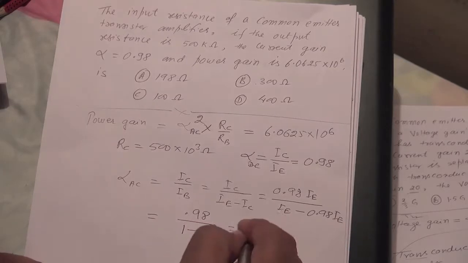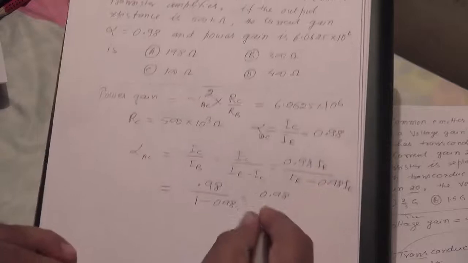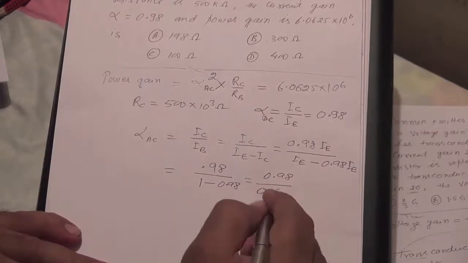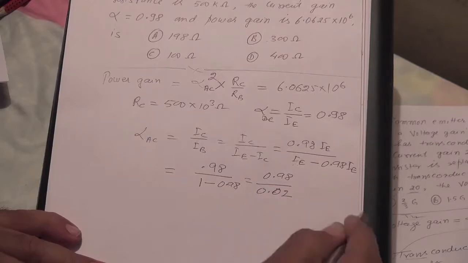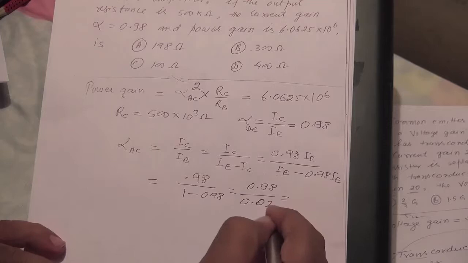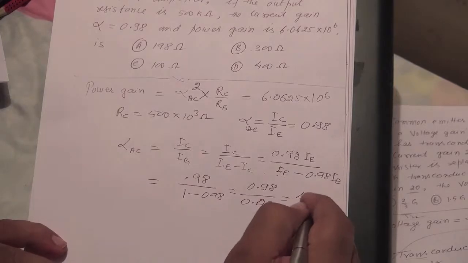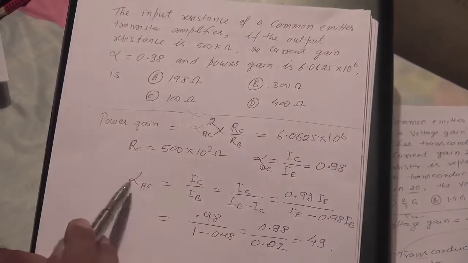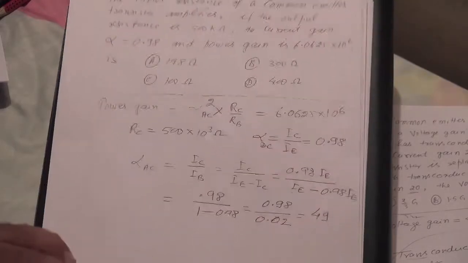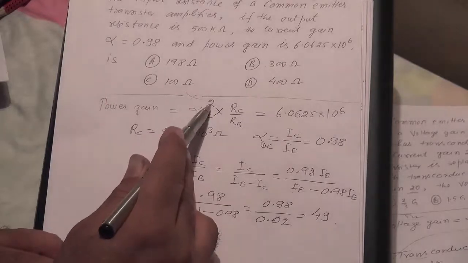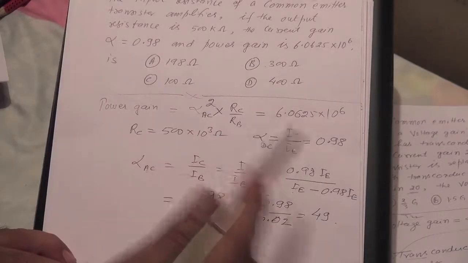This is equal to 0.98 divided by 0.02. 0.98 divided by 0.02 is equal to 49. This we get as alpha AC, amplification AC. Okay. Now again, power gain is alpha AC square into RC upon RB.